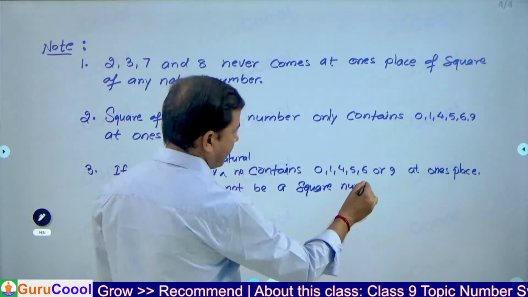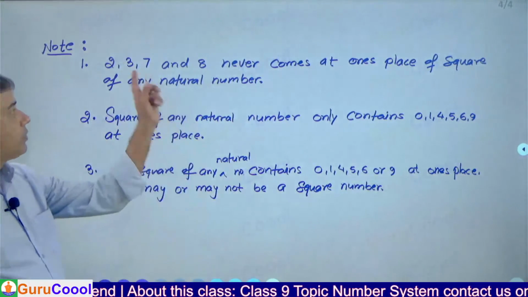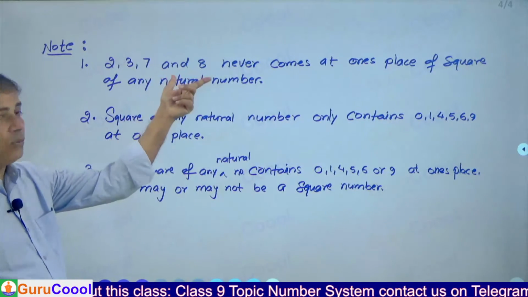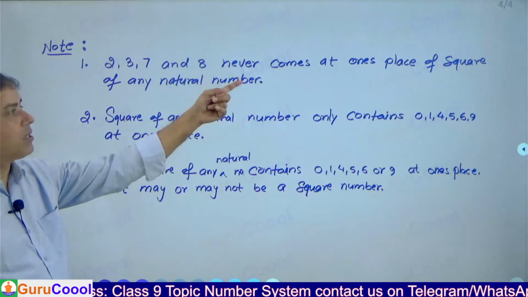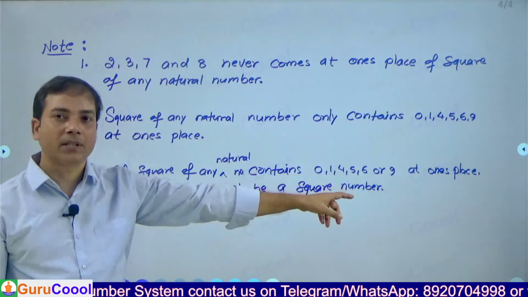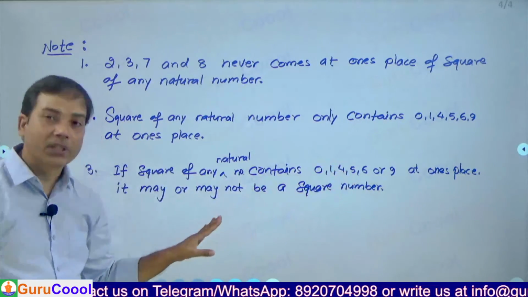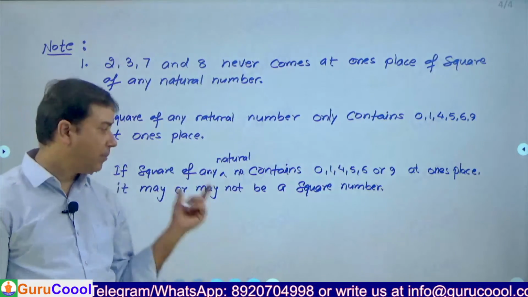If 2, 3, 7, 8 come at one's place, then it is guaranteed it is not a square number. But if 0, 1, 4, 5, 6 or 9 comes, then you have to check if it is a square number or not. It may be or it may not be.